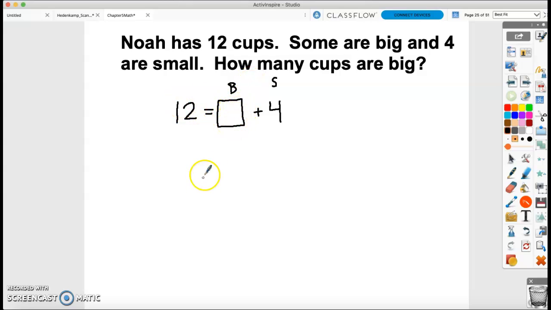I could subtract to figure it out. I could do 12 minus 4 equals, so I can start at 12, 12, 11, 10, 9, 8. So I know that 8 is my missing number.